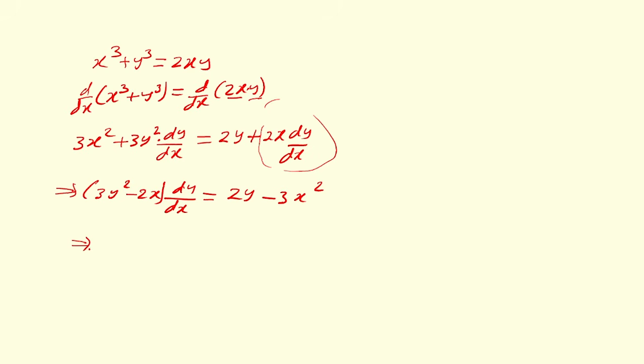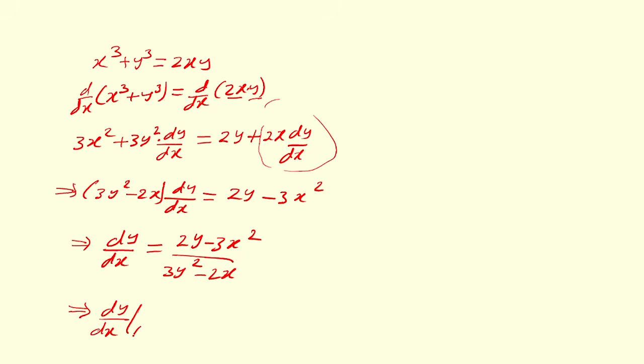Then from this, dy by dx is equal to 2y minus 3x squared over 3y squared minus 2x. Our target is the slope at the point 1, 1. So this implies dy by dx at the point 1, 1 is equal to, substituting 1 for x and y, 2 minus 3 over 3 minus 2. That's minus 1.